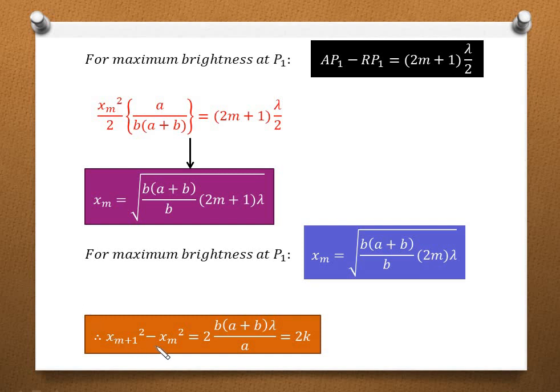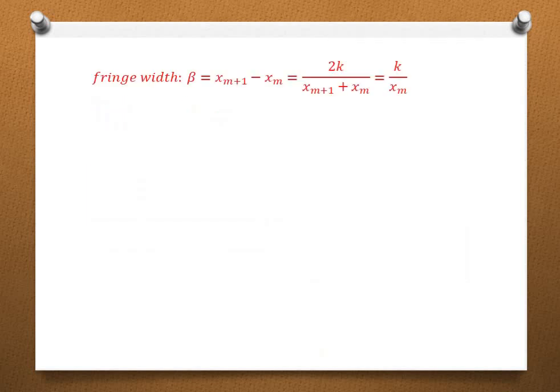Now if you think about this equation, you have a square minus b square, which is just an identity: a square minus b square equals a plus b into a minus b. So use that formula. You will have this equals xm plus 1 whole square minus xm whole square divided by xm plus 1 plus xm, and that quantity is 2k.